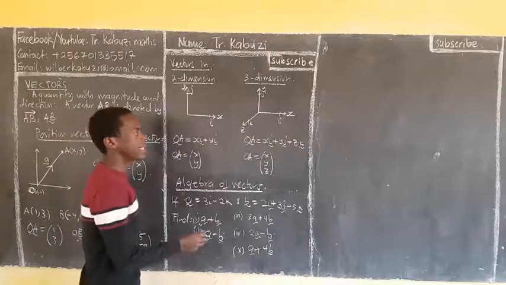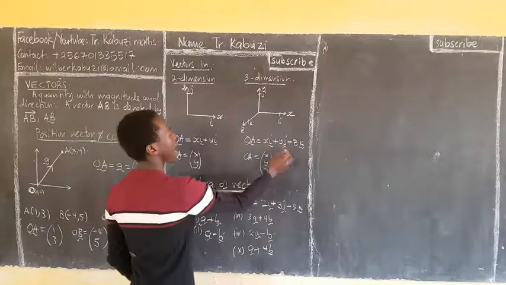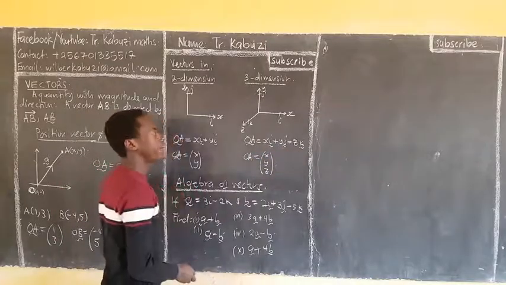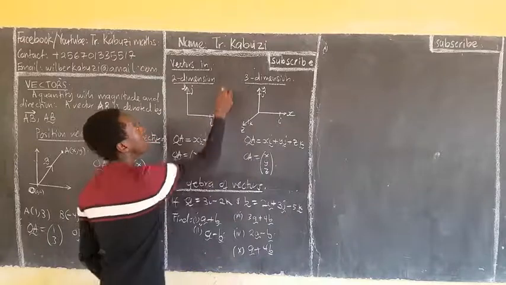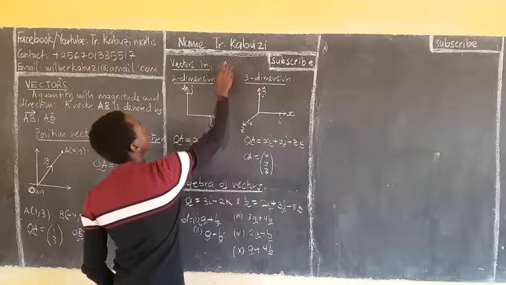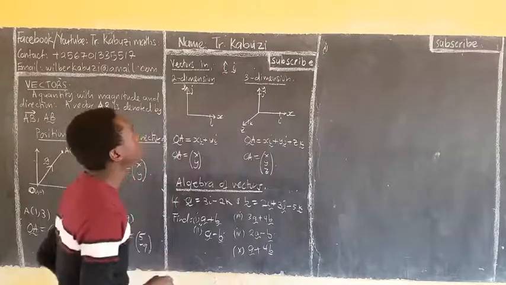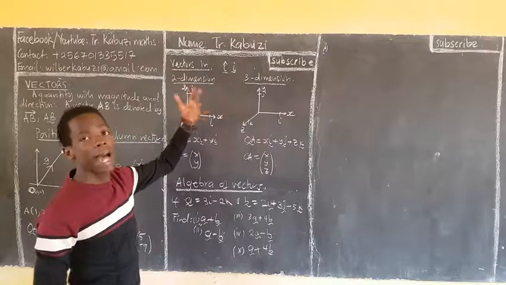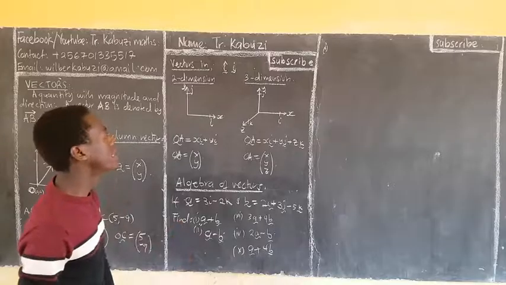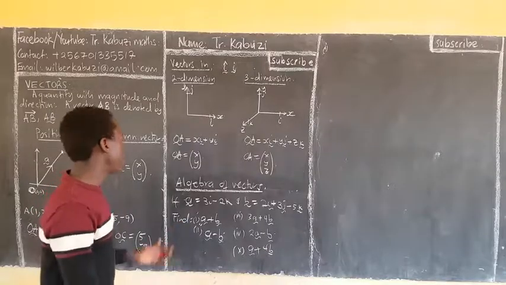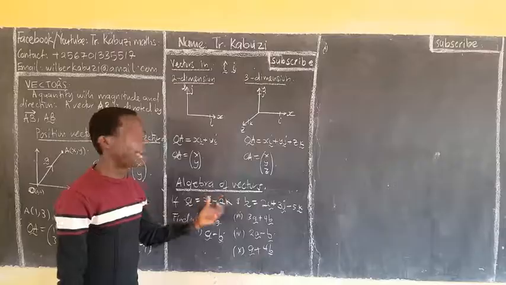Whenever I have i, j, k, I put a symbol so that it's a vector. For i, we either use what we call a cap, like this, or some people don't write this, they just write bold small letters of i, j and k.